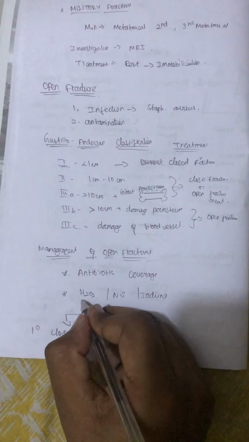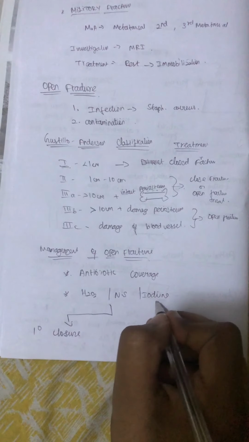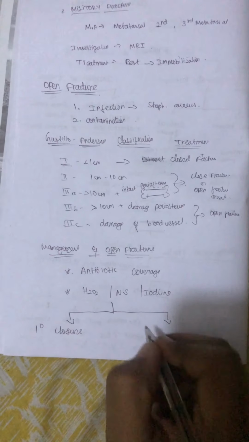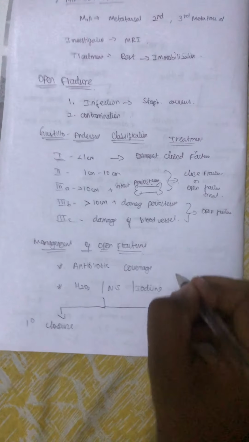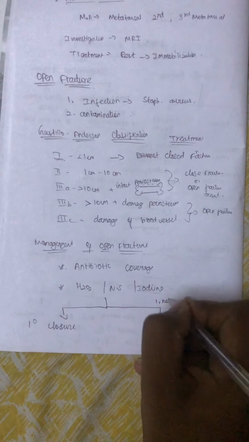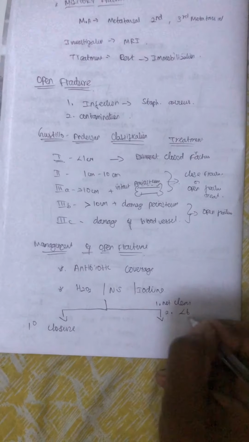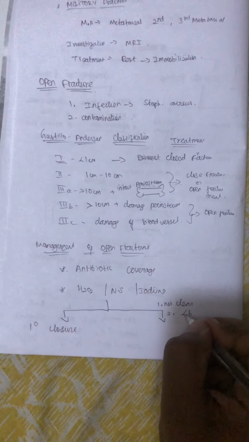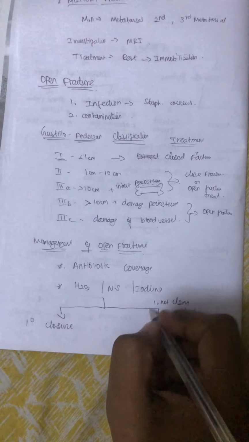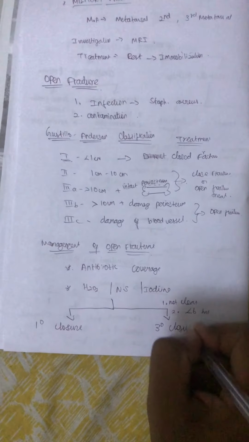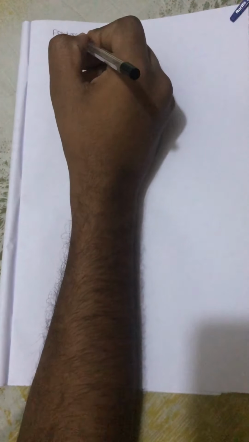If after applying the saline or iodine we find that the wound is not clean, or the wound occurred more than 6 hours ago and is treated after 6 hours, then the person should undergo tertiary closure.